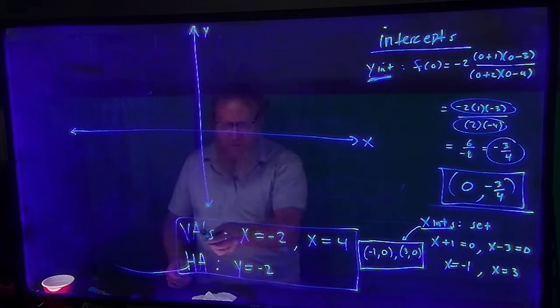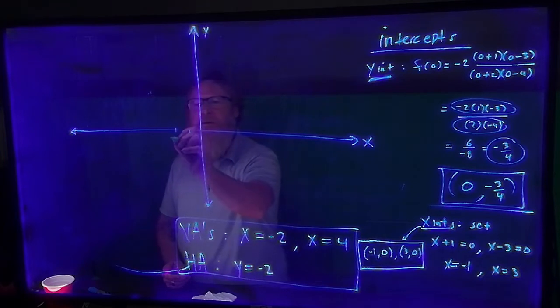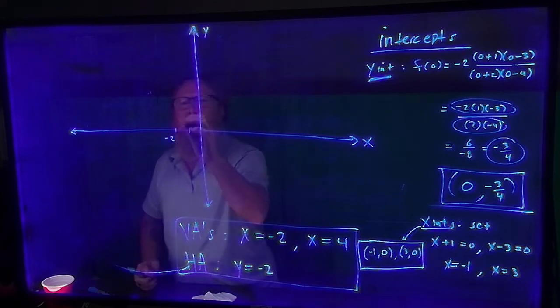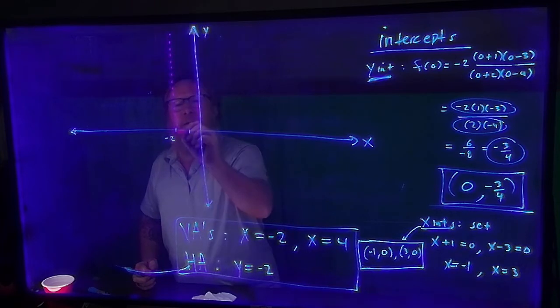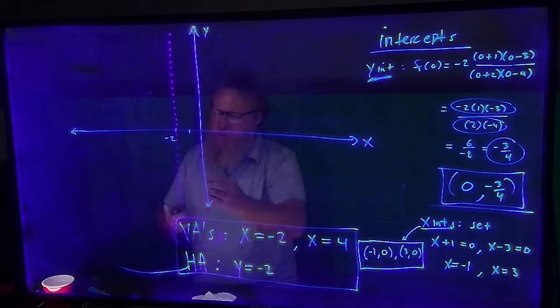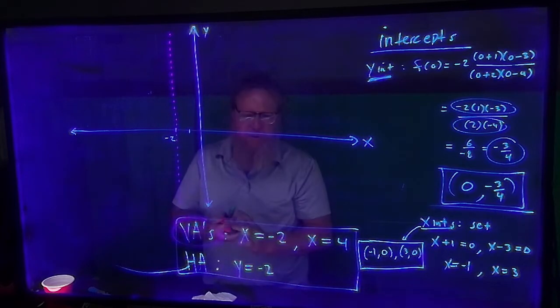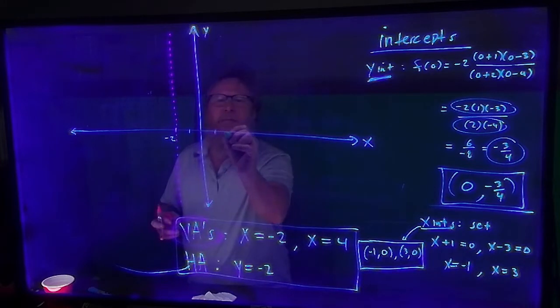So what should we plot first? The asymptotes typically. So -2. So an asymptote is a vertical line or a horizontal line that cannot be crossed. So +4.